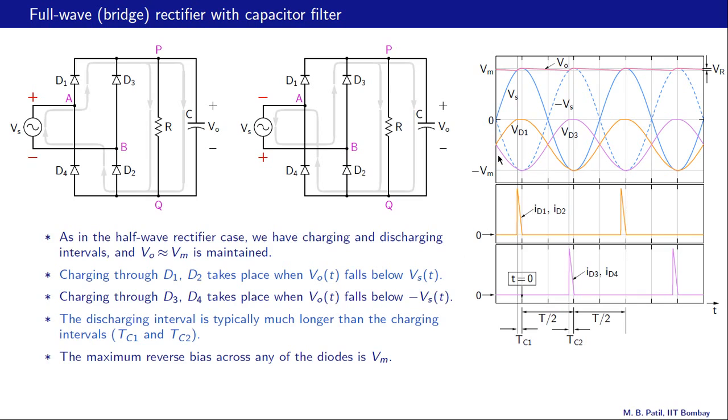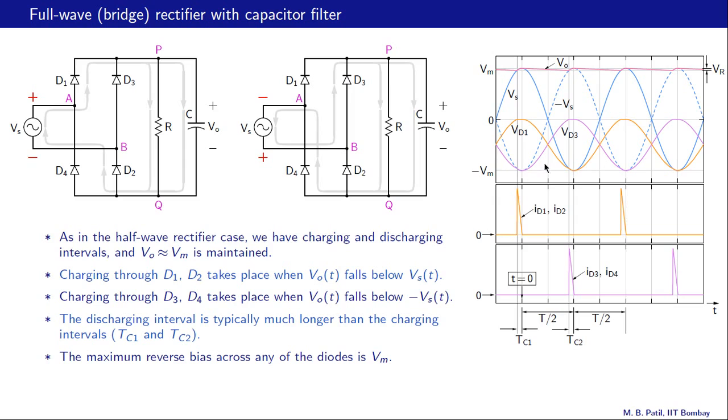Here is the diode voltage Vd1, and it's actually the same as Vd2, and we notice that it goes from 0 to minus Vm. So the maximum reverse bias across D1 or D2 is Vm.